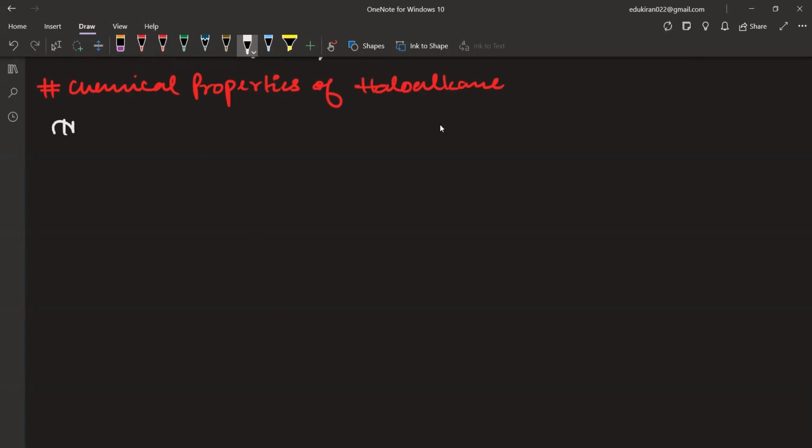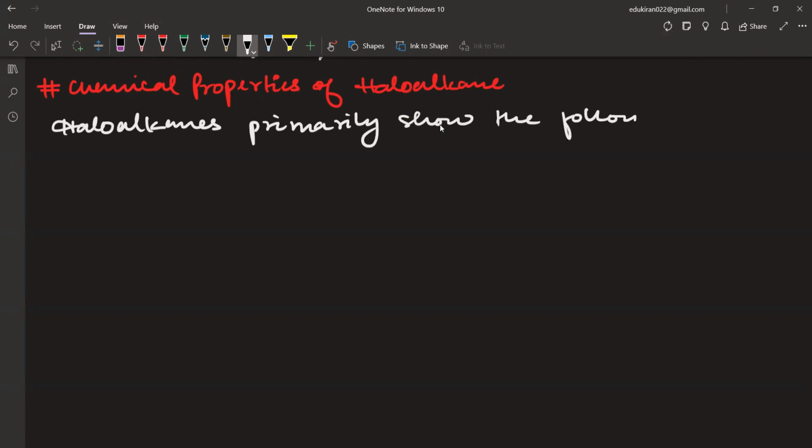So please write: haloalkanes primarily show the following types of reactions. First, nucleophilic substitution.